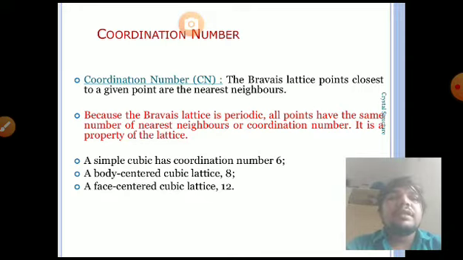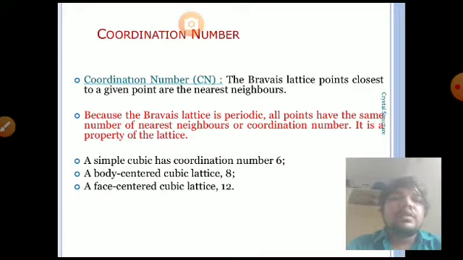Because the Bravais lattice is periodic, all points have the same number of nearest neighbors, or coordination number. It is a property of the lattice.